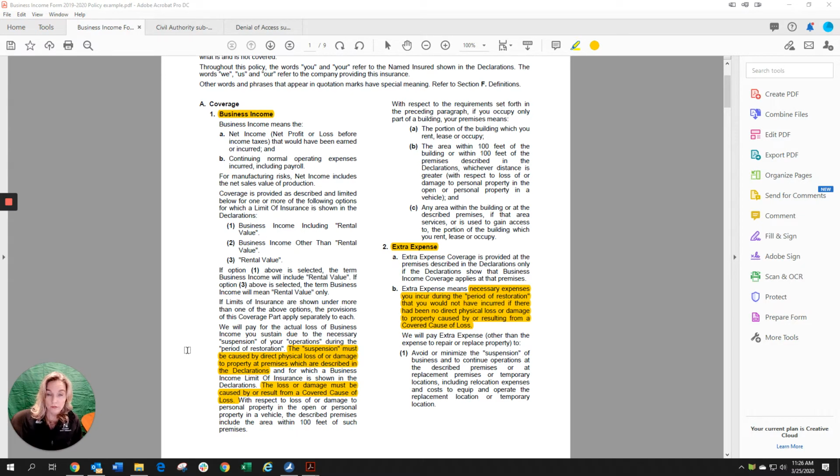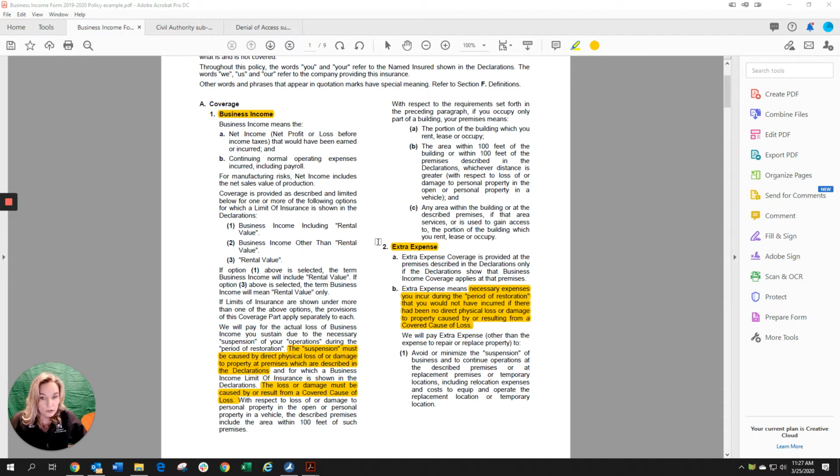You have to buy flood from a FEMA policy or an excess seller. So there are causes of loss that are just not covered. So you have to go back to what is covered and seek that definition. So first of all, you have to have physical damage at your location from a covered cause of loss. So then you have to look at COVID-19 through those three parameters.